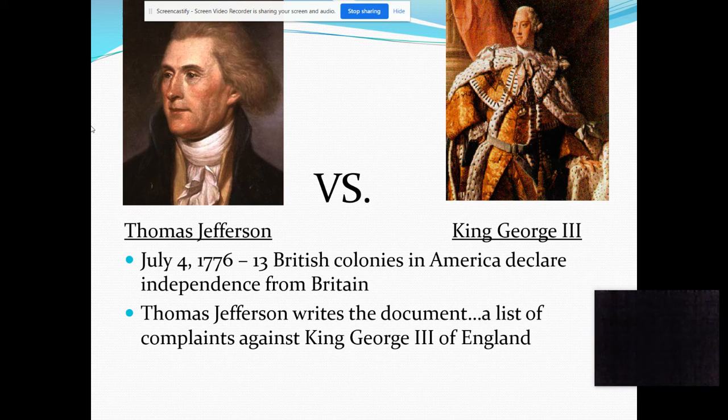And these people were farmers or merchants or printers. They weren't professional soldiers. So July 4, 1776 was going to be the beginning of what would be an 8-year war for independence. Thomas Jefferson's the author of the document. We're going to look at all those lists of complaints about King George, and we'll be looking at that document later this week.